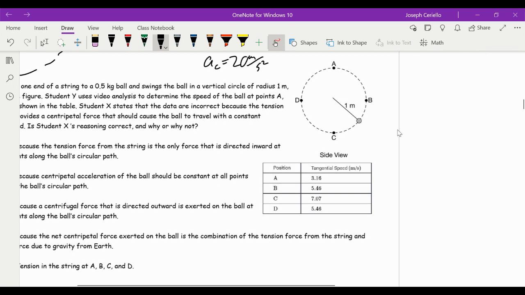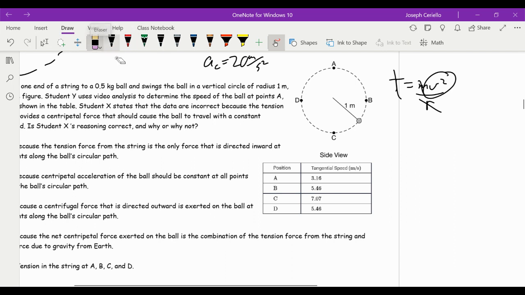Now, I don't know if it mentions anywhere that the tension is constant. But we have T equals m v squared over r. So the student is saying, well, the mass isn't changing, r isn't changing, and T isn't changing, so v should remain constant. The student's making one huge mistake, though. They are assuming that the tension is the only force that they need to consider, the only force that's pointing in or out of the circle.